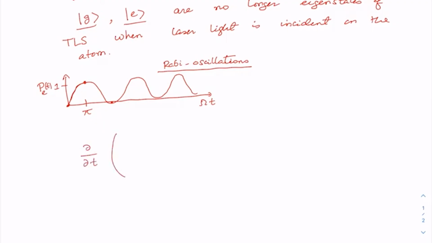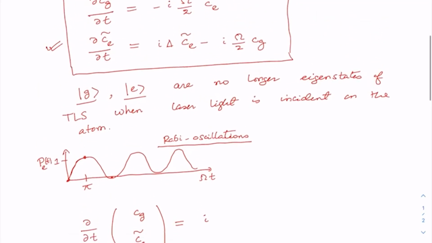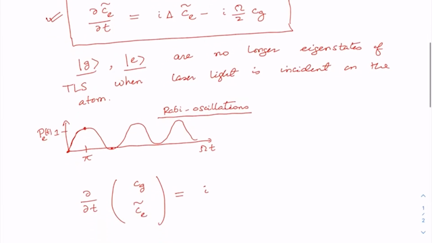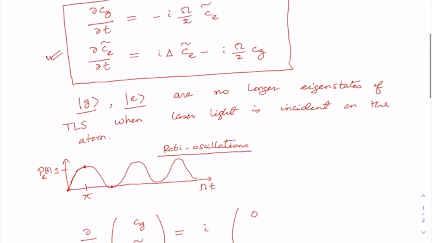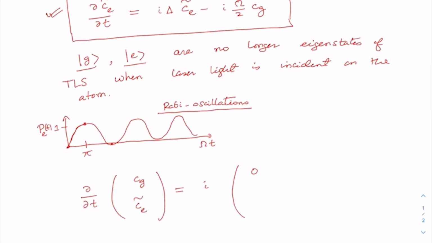I can express this set of coupled differential equations like this: the time derivative of (Cg tilde, Ce tilde) equals I times a matrix with 0, delta, and omega by 2, omega by 2 like this.